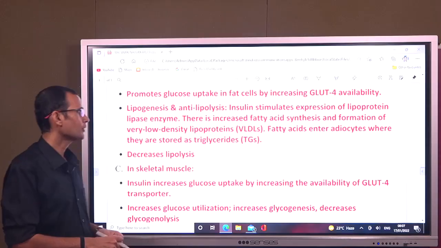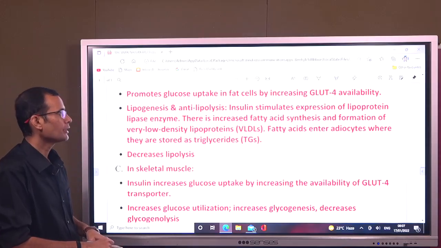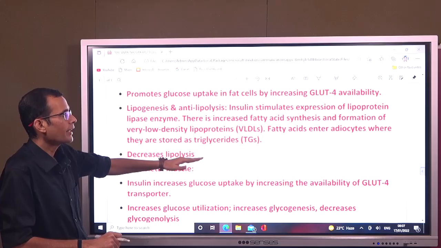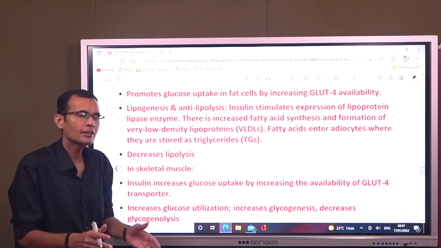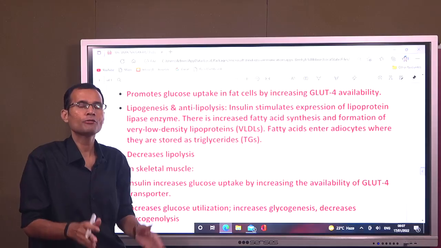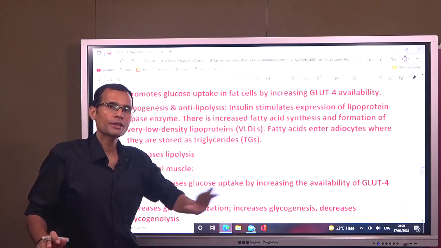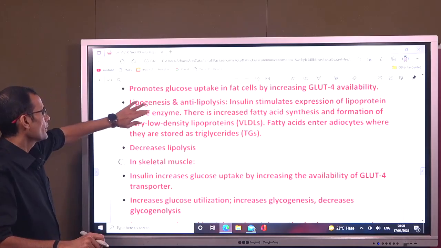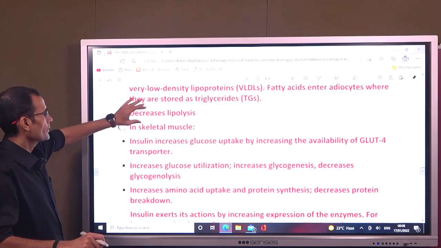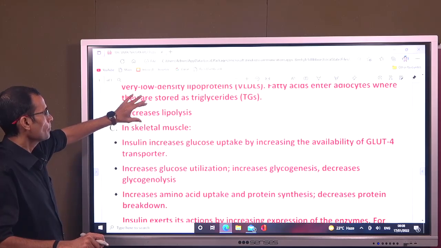That's the action of insulin in the adipose tissue, in the fat cells. Fatty acids enter the adipocytes and there will be synthesis of triglycerides. Fat will be stored in the fat cells, and it decreases lipolysis. Fat breakdown will be prevented.